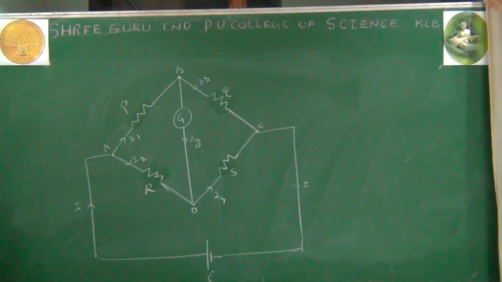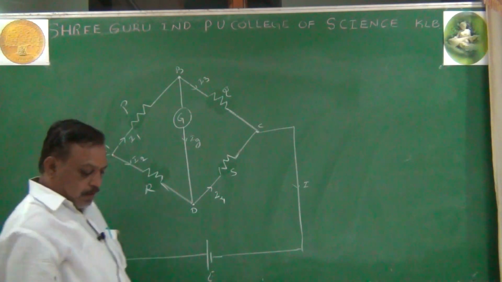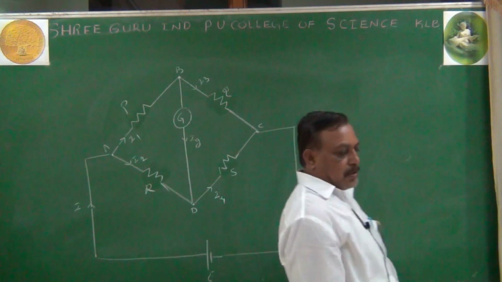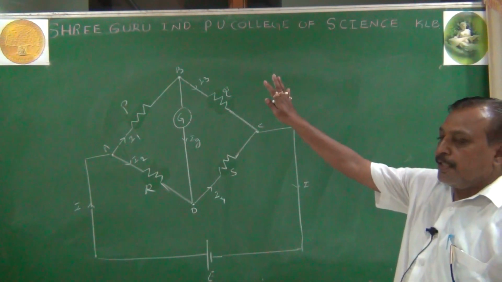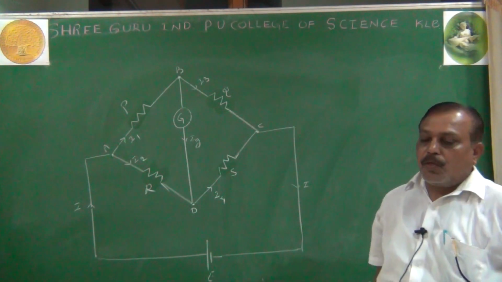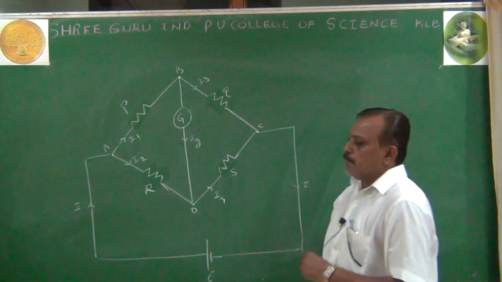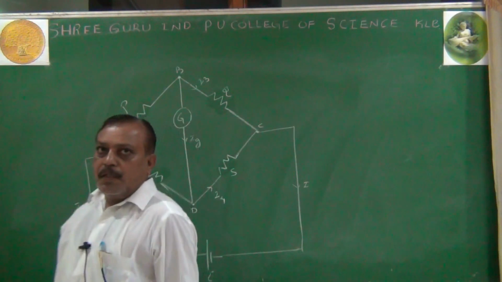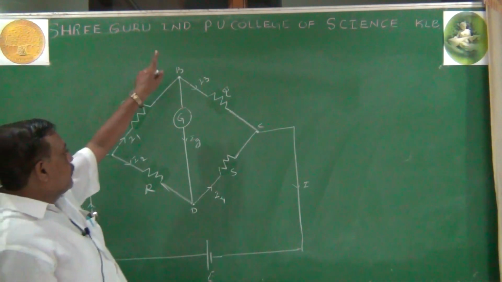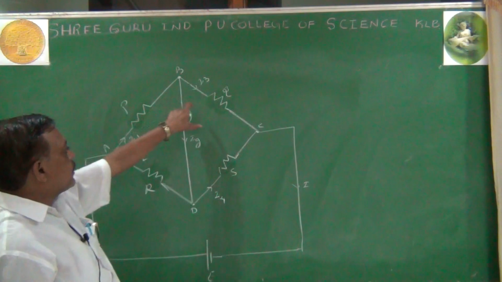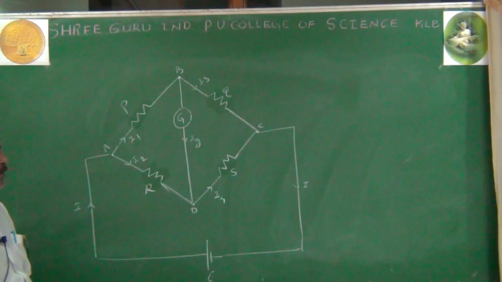Now, what is the analysis of the circuit? Next, we have to come to the balancing condition of the Wheatstone network, or the theory of the Wheatstone network. When I look at the circuit diagram, I want the balancing condition of the Wheatstone network.